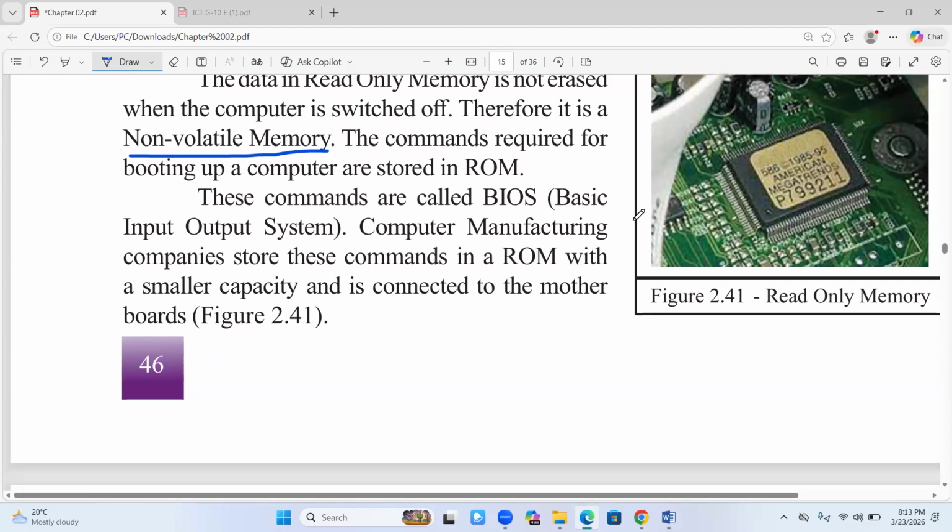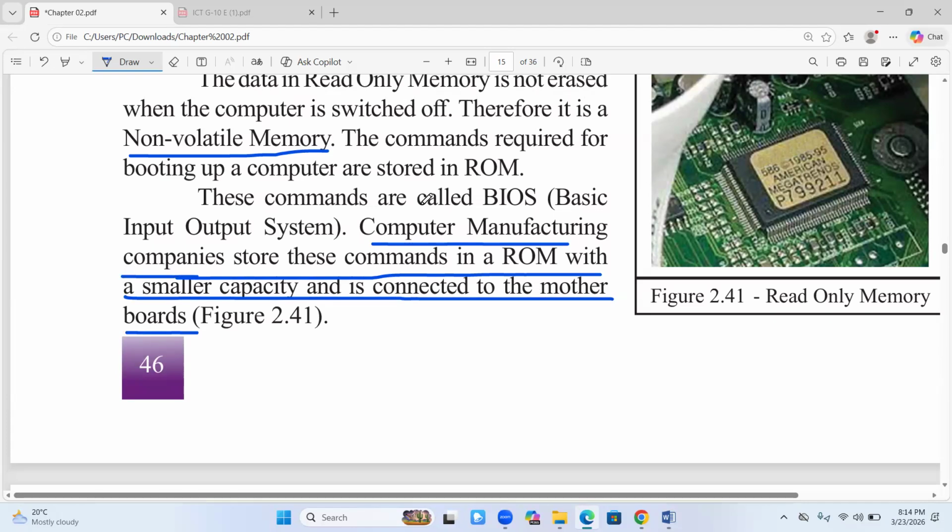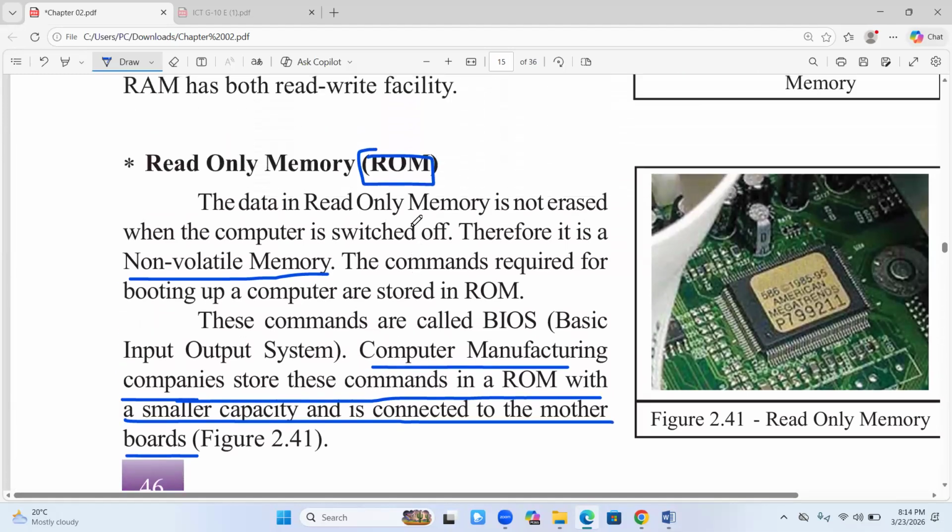The basic input-output system, which is used to run the computer, the computer manufacturing companies store these commands in ROM, with a smaller capacity, and it is connected directly to the motherboard, and it is also permanent. Because of that, this is called a non-volatile memory.